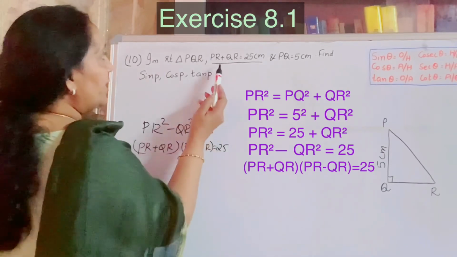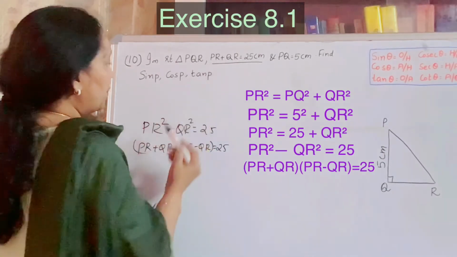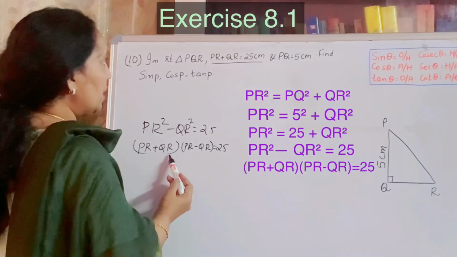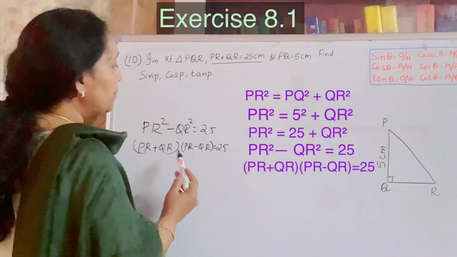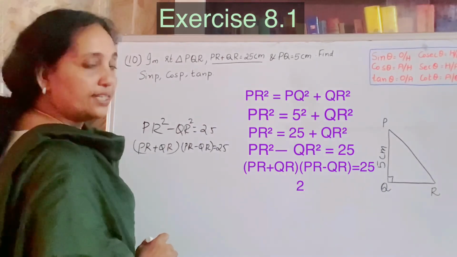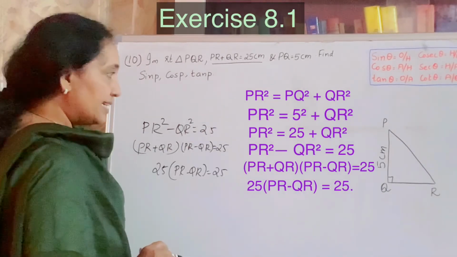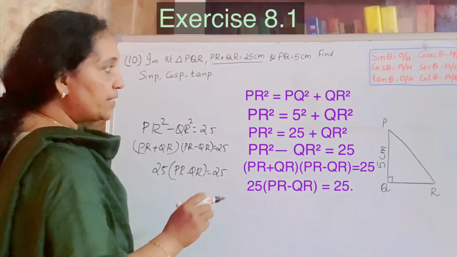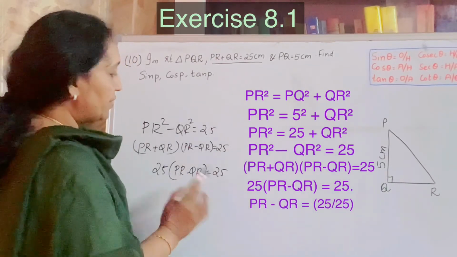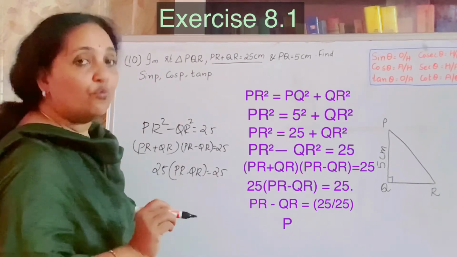Then we have the value of PR plus QR. So substitute the value here. Then you will get 25 into PR minus QR is equal to 25. That is PR minus QR is 25 divided by 25. That is PR minus QR is 1.